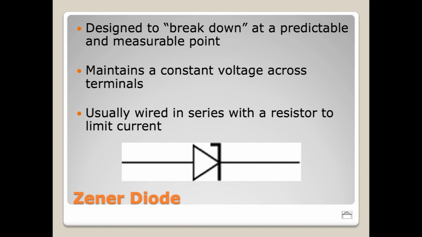So what that means is, let's just say that this particular Zener diode is rated at 27 volts, right? That means if the current that's trying to make its way back is at, let's say, 14 volts, okay? That's not enough. It's going to be blocked, okay?